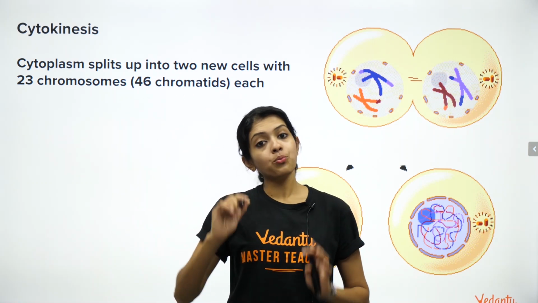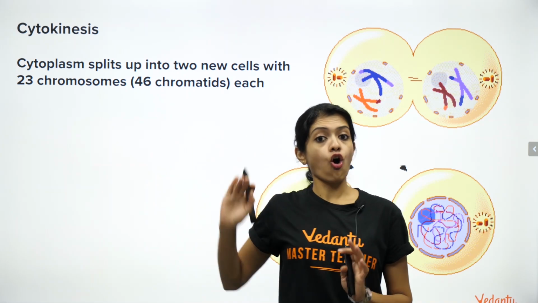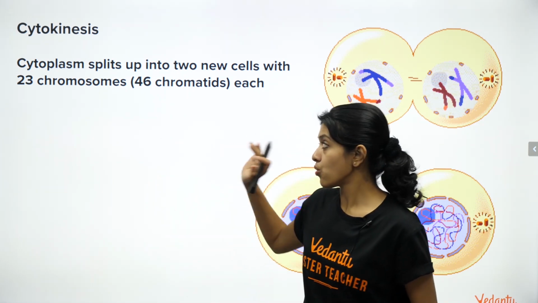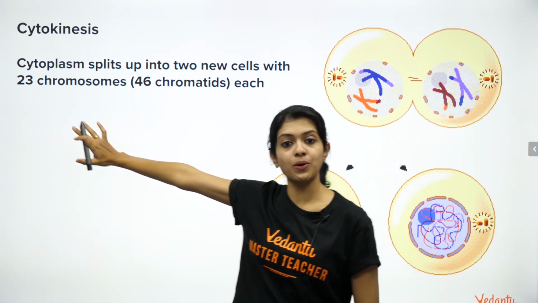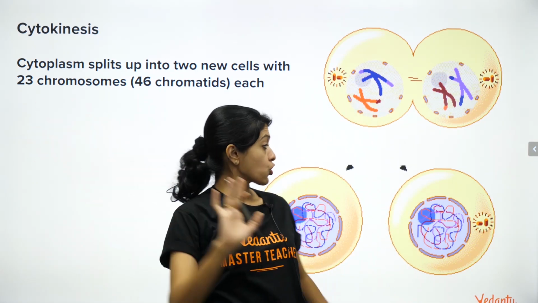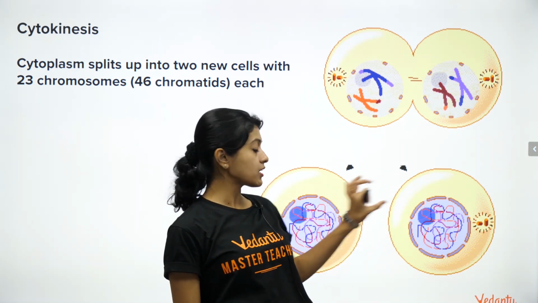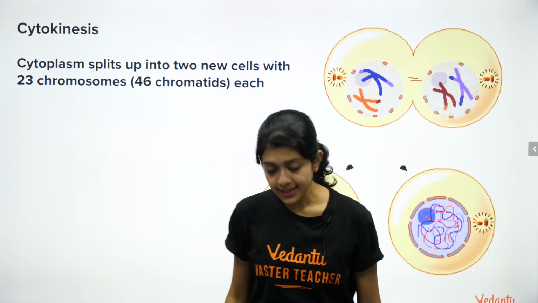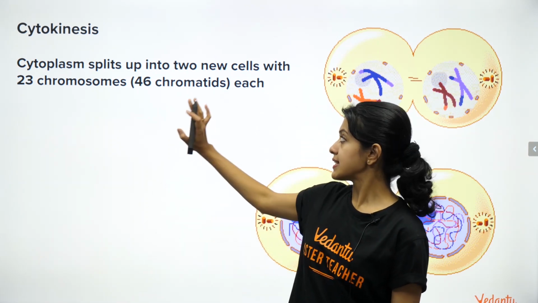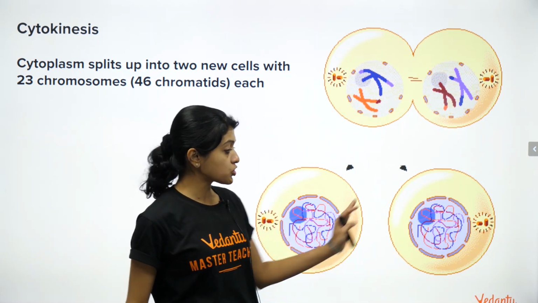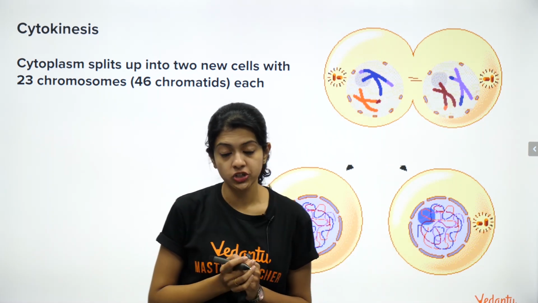So remember where we started. Reduction of the number of chromosomes has already happened here. Now we are at a stage where we have 23 chromosomes in these cells. We have 2 cells with 23 chromosomes each, and now you see that the cytoplasm splits up into 2 new cells with 23 chromosomes each.